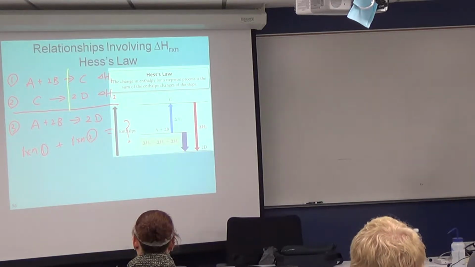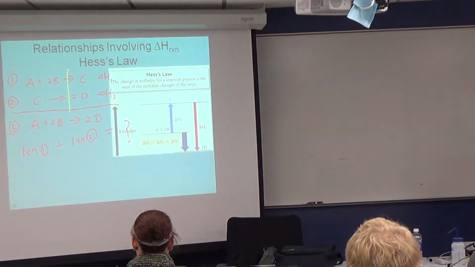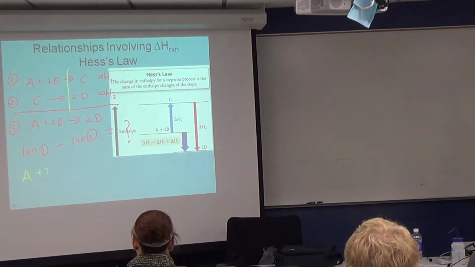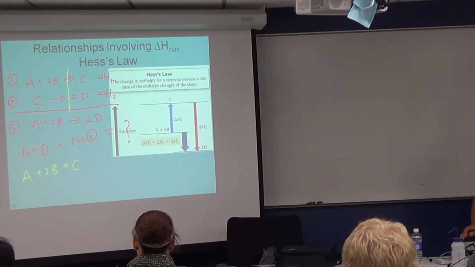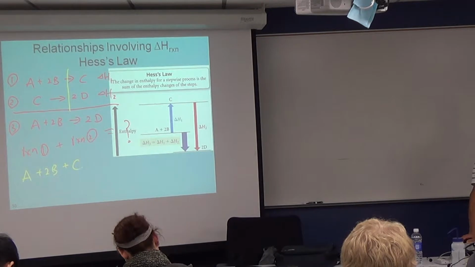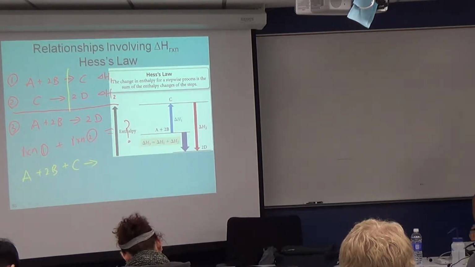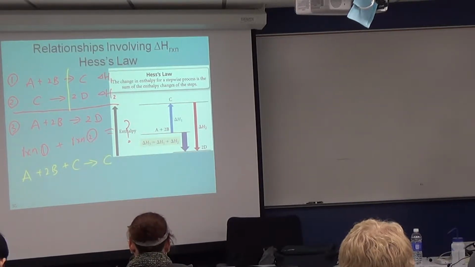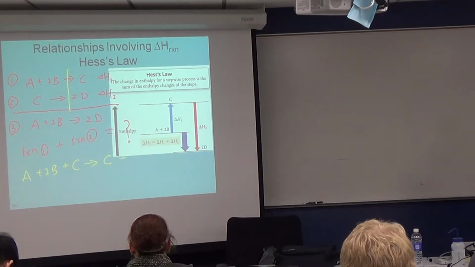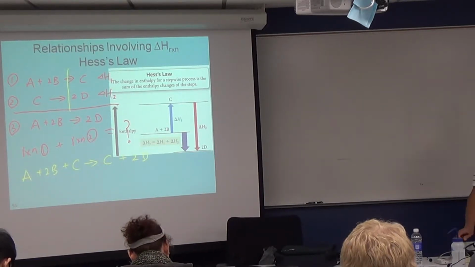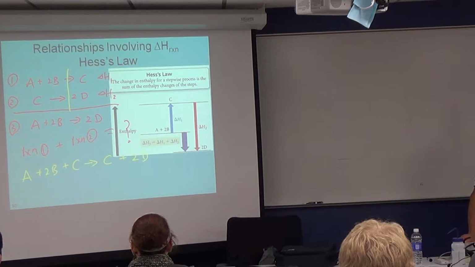Once you add, you will get A plus 2B, then plus C from the second reaction. Then you will draw the arrow, and you will get C from the first reaction, then plus 2D from the second reaction.